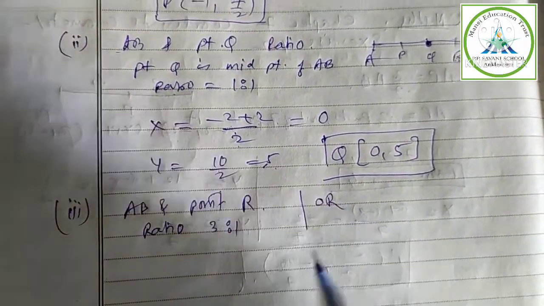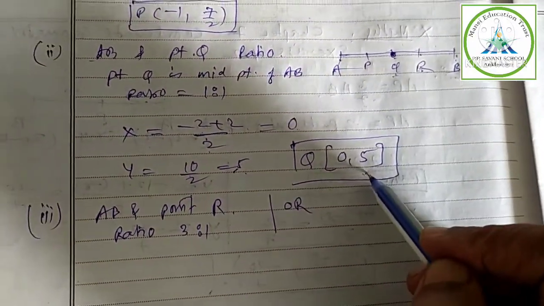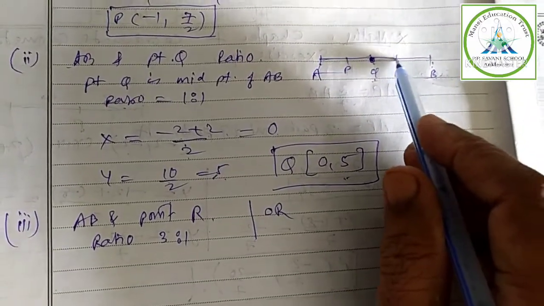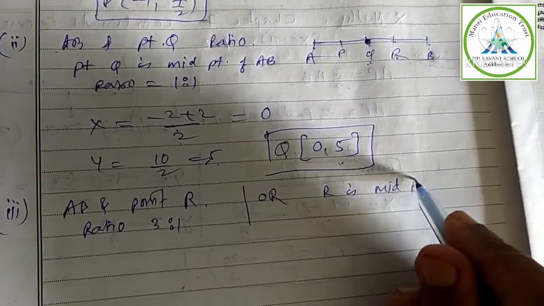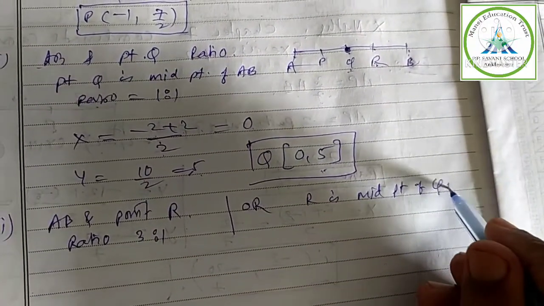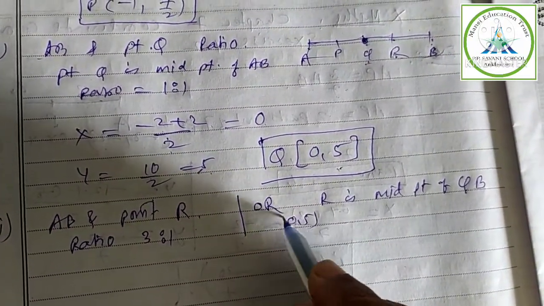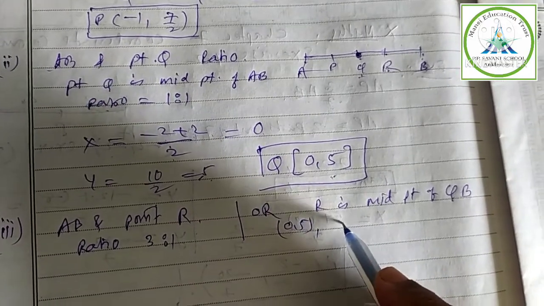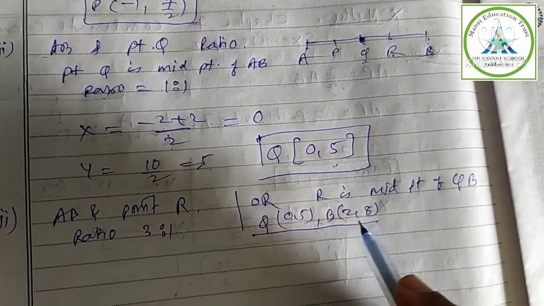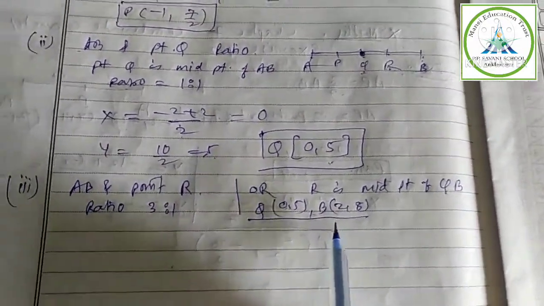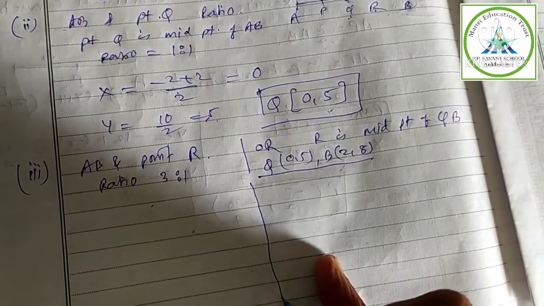Or look here: if I take Q and B, R is the midpoint of QB, with Q (0, 5) and B (2, 8). So you can find it by using the midpoint formula directly or by using this ratio. I will do both ways so that you will understand.